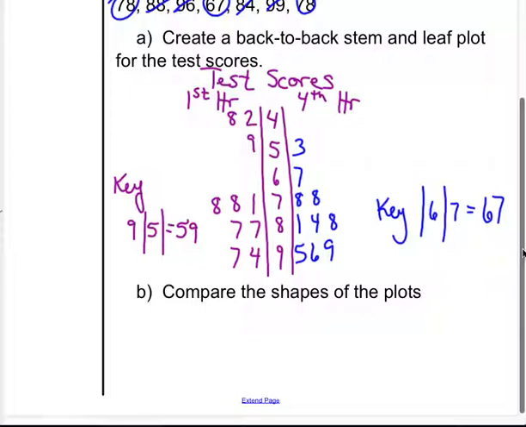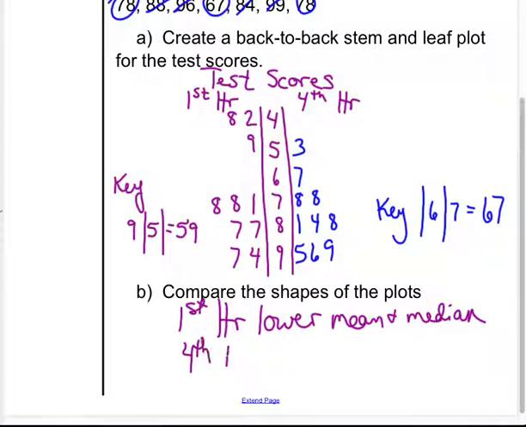And then for the higher 3 stems, I'm seeing a lot more on the fourth hour side than I do on the first hour side. So I notice that overall, first hour probably has a lower mean and median. And fourth hour performed better on average.